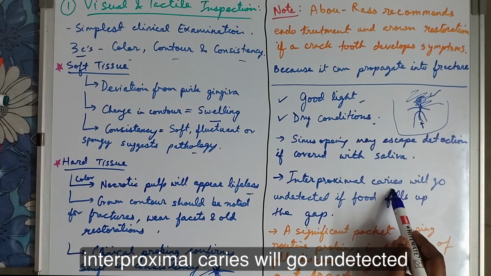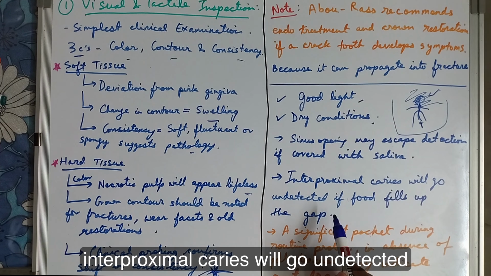Also, interproximal caries will go undetected if at the location there are a lot of food particles impacted. A significant pocket, if found during routine probing, is indicative of a root fracture if in general there is not much PDL disease present.